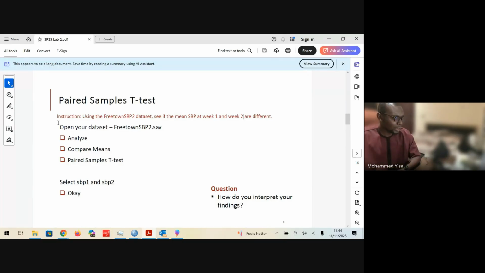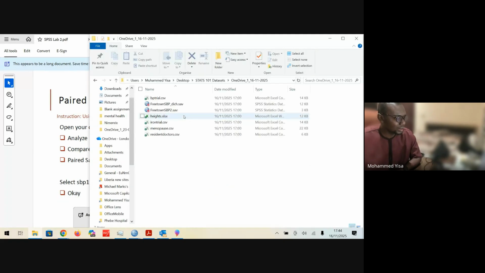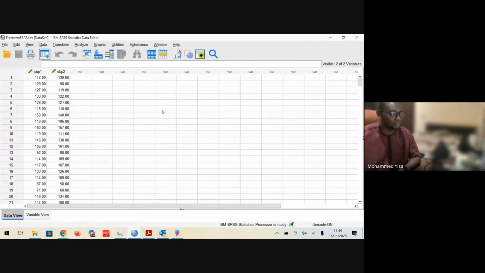For this, we're using the Freetown SBP2.SAV data set. This is an SPSS data set. I'll just double click on this and it will open in SPSS.